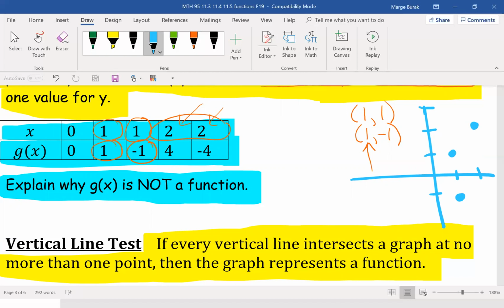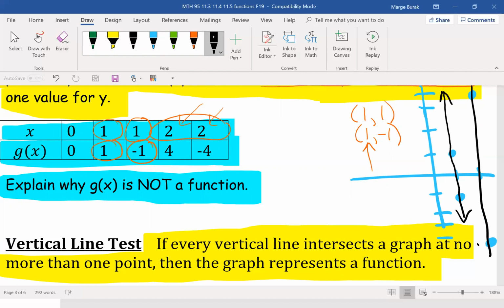Let's put 4. And another point at 2, -4. Both of these defy the vertical line test. The vertical line is right here, and it can't go through 2 points of the same function. It's not a function, and it defies it twice here.